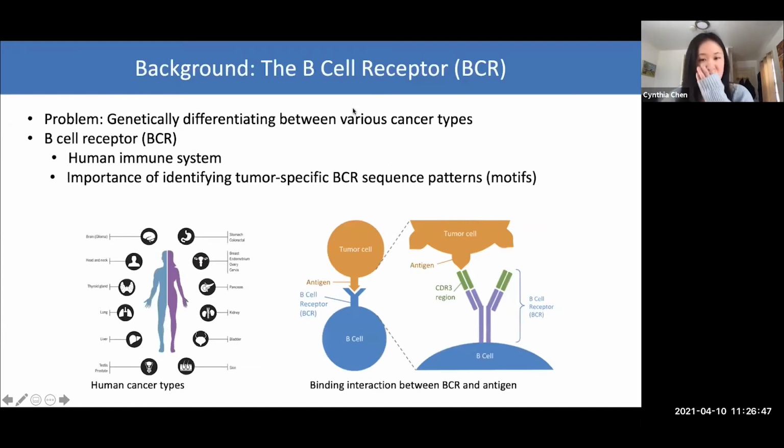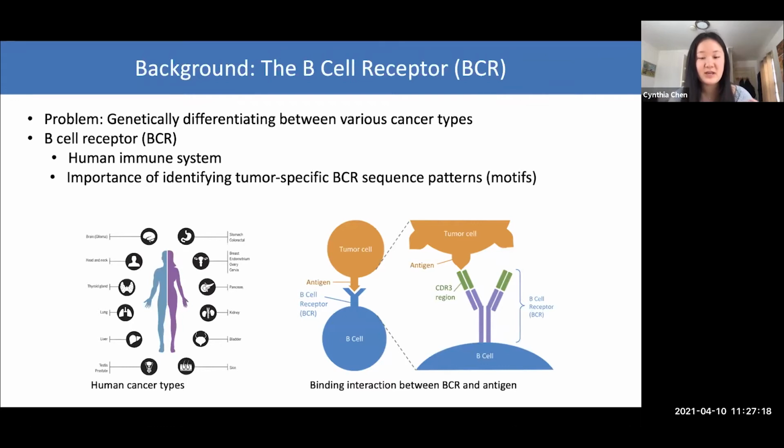So one of the biggest questions within the field of cancer research is how can we genetically differentiate between various cancer types, such as breast cancer, prostate cancer, and lung cancer, for example. And to focus on this question, we address the B-cell receptor, which is a part of the human adaptive immune system. The B-cell receptor plays a really crucial role in our immune system because it has these receptors that are able to identify specific antigens correlated with certain tumor cells and cancer types.